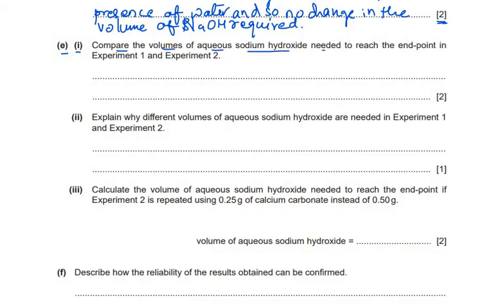where it says E1, compare the volumes of aqueous sodium hydroxide needed to reach the endpoint in experiment 1 and experiment 2. Now we have already discussed that experiment 1 required 3 times more volume of sodium hydroxide compared to experiment 2.